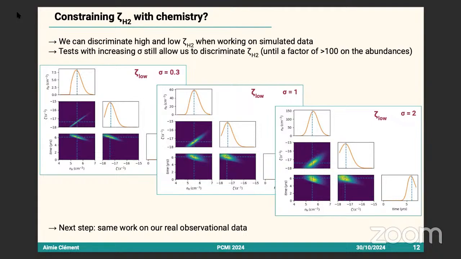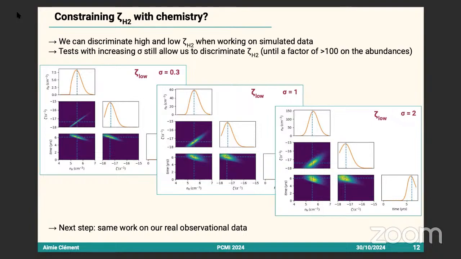We can still say that it is a low zeta. And even with a factor of 100, we can still say that this is a low zeta. So we were happy about that. The next step of this work would be to use it on the real observational data. I will do that soon, I hope, when I have the time.